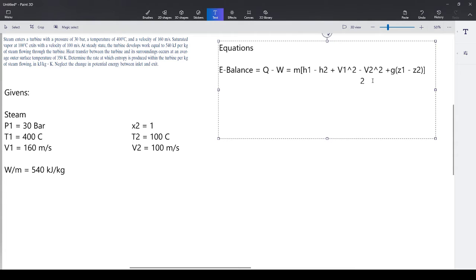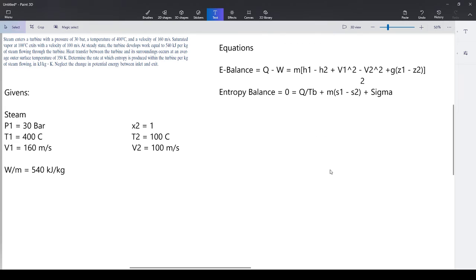And then we also have one more, which is the entropy balance. And the entropy balance was what? Because we're at steady state, right, it said in the question, that means 0 is equal to Q divided by TB plus delta S, which is M times S1 minus S2, plus sigma, which is entropy produced.